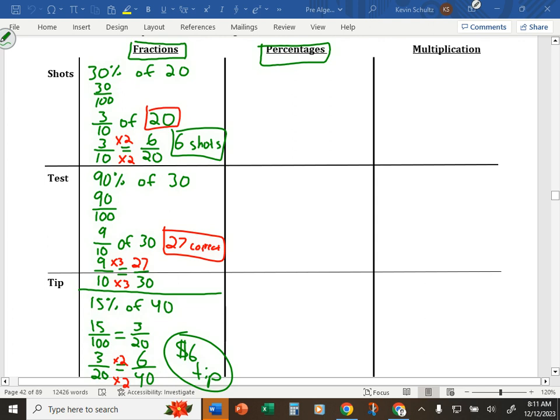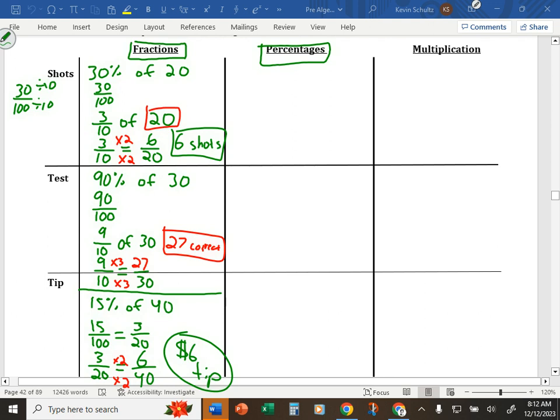So 30/100ths, if you simplify that, you can divide each by 10. 30 divided by 10 is 3, 100 divided by 10 is 10. Not every time, though. Here we divided by 5, right? It depends what the fraction is, but you simplify the fraction into its simplest form.